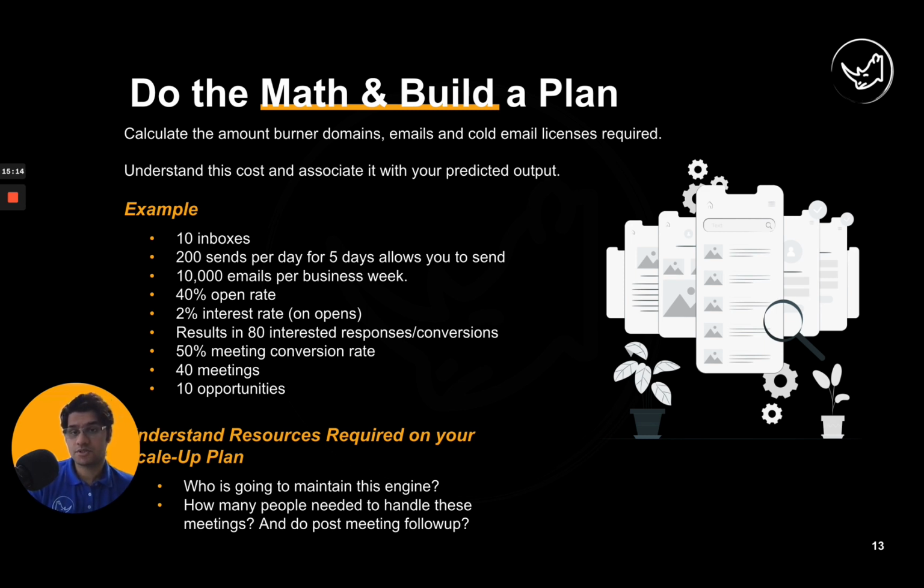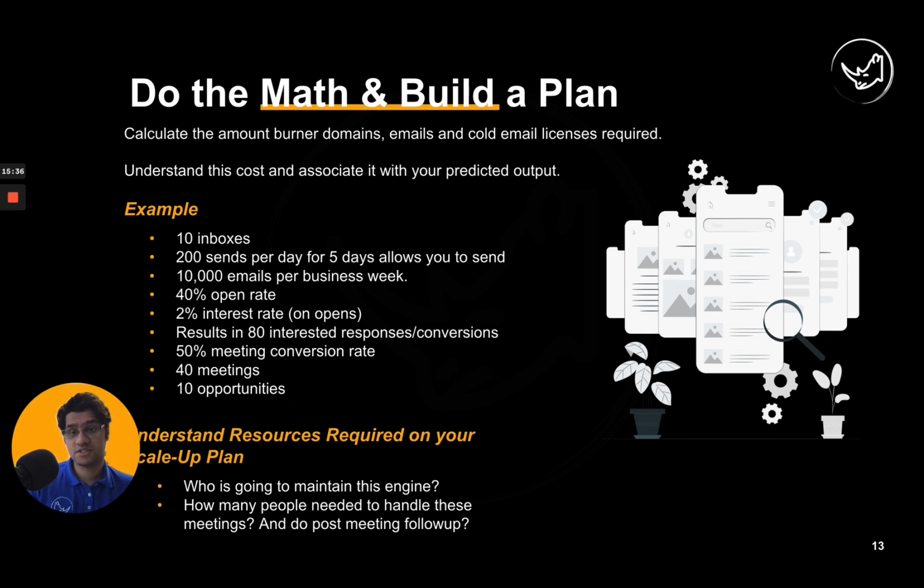Let's say I have a 50% conversion rate. That means I get 40 meetings, and let's say my conversion rate from that is a few percentage points, and I'm able to generate 10 opportunities. That tells me, okay, fine, I'm able to predictably, or hopefully, get 10 opportunities week over week or month over month. Again, this is just an example.